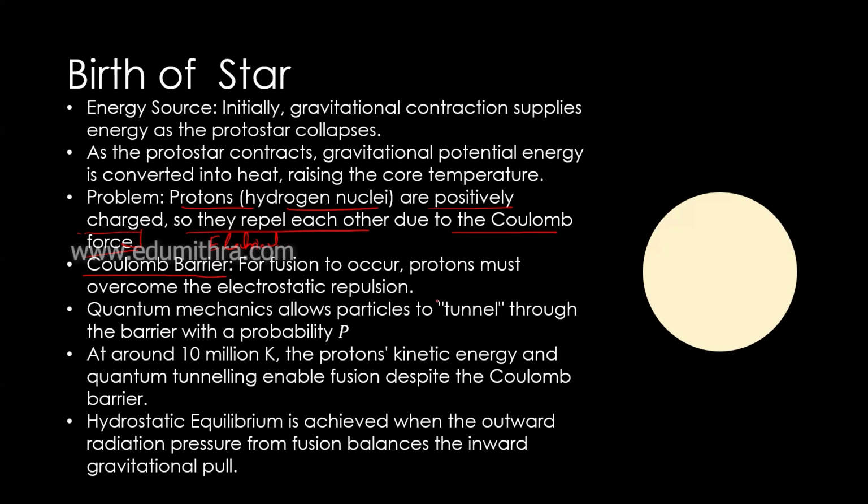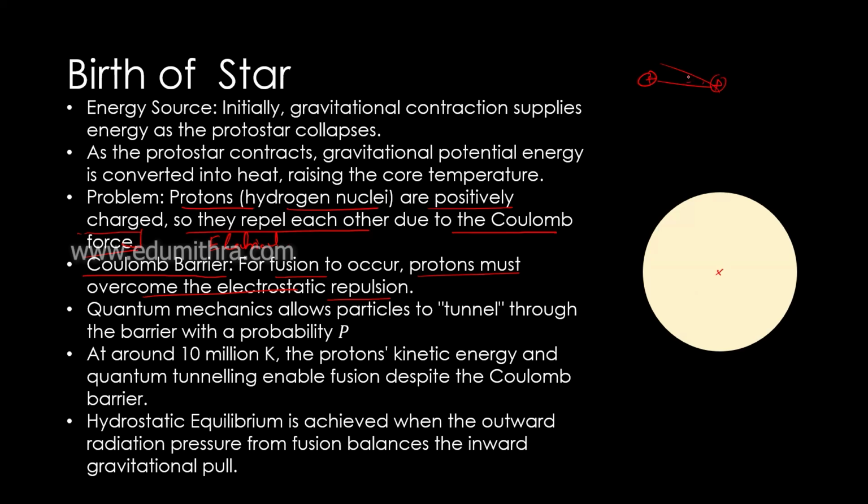But if fusion needs to occur, then the protons must overcome this barrier, this repulsion. For that, one thing we have is the temperature. Because the star is gravitationally collapsing, its center temperature is very high. As the temperature gets higher and higher, the protons move so fast that sometimes they almost collide and come closer.